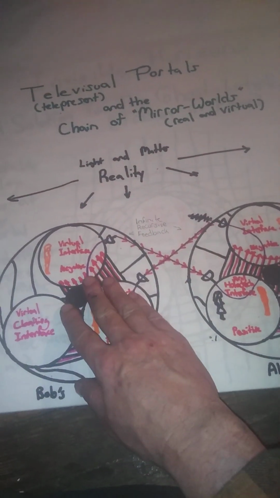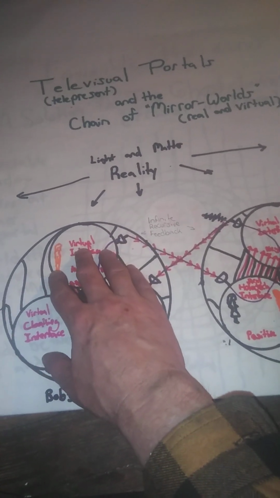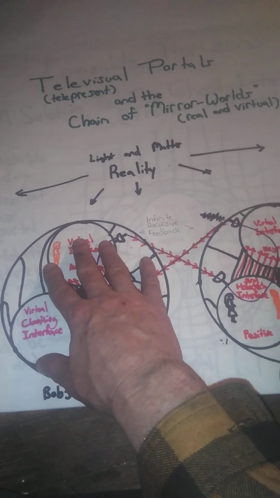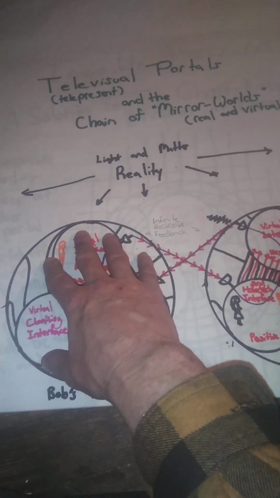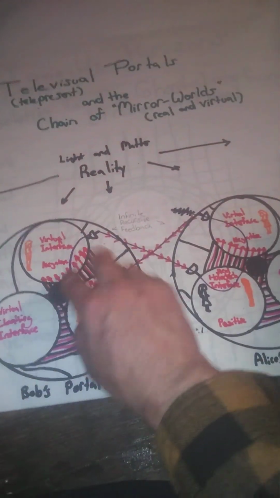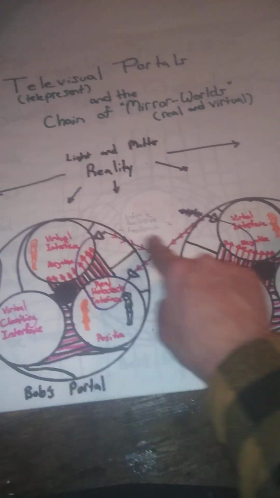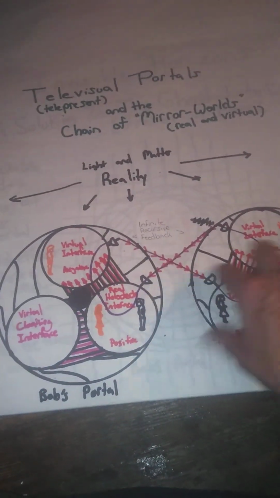So, all a portal is, is an invisible, fully realized television, and it televises itself between each other to create the infinite recursive mirror worlds of the real and virtual realities.